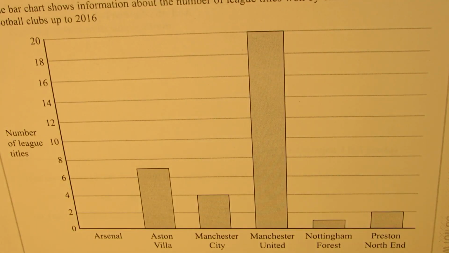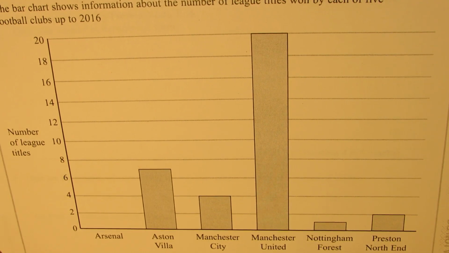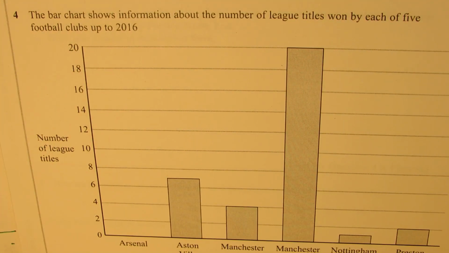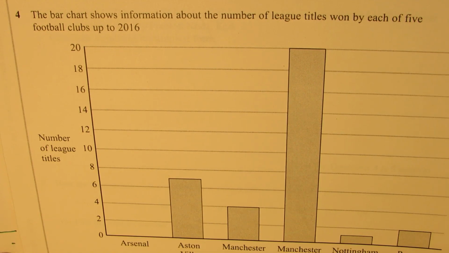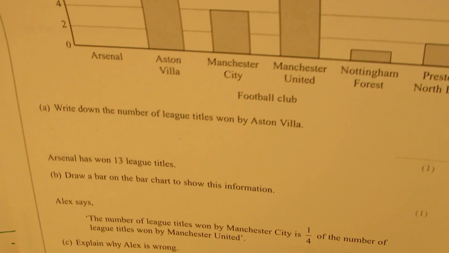Here is question number 4. So here is a bar graph which you need to study and answer the questions below. Question number 4. The bar chart shows information about the number of league titles won by each of the 5 football clubs up to 2016. So number of league titles, and these are different football clubs, right? Related to this, we have 3 questions.